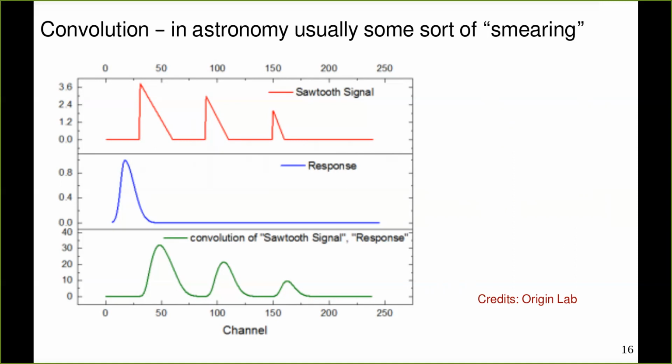What you end up with is a signal which looks like a sawtooth signal, just smoothened and broadened. And this is exactly what convolution will do to our data. We'll have it in a few aspects. There's convolution due to the presence of the spectrograph slit. There is convolution due to the PSF of the telescope, and so on and so on.